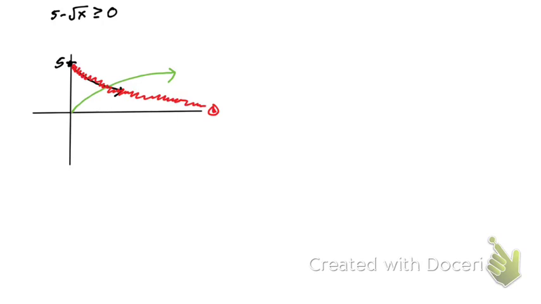Well, that's 25. Square root of 25 is 5, so it's 5 minus 5, which would be 0. So this number way out here would be 25. So our end answer would be any x value between 0 and 25.